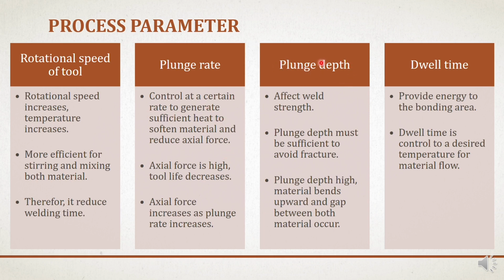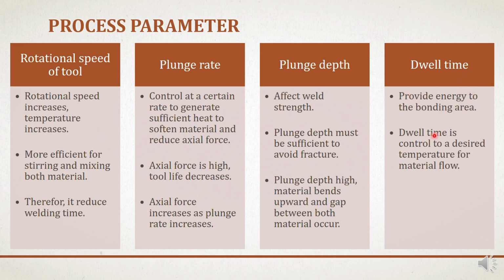The third one is plunge depth. It will affect the weld strength, so the plunge depth must be sufficient to avoid fracture. If the plunge depth is too high, the material bends upward and a gap will occur between both materials. The next is the stirring time, where this time provides energy for the stirring area.